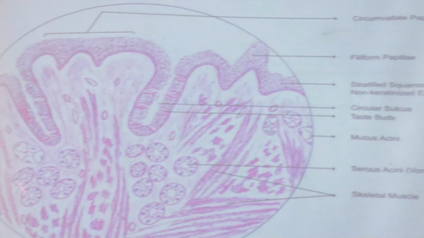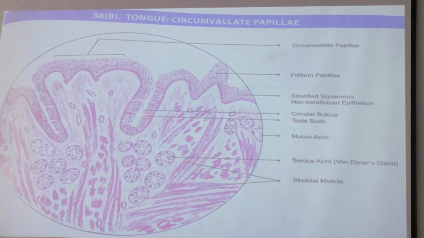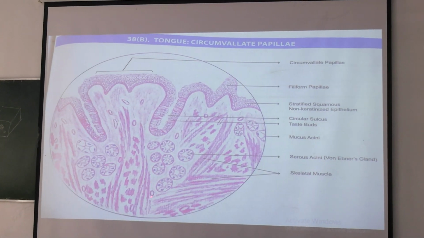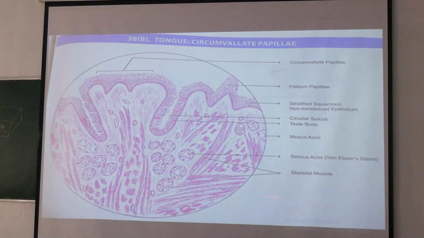After that, these are the muscle fibers in different directions, and these are the glands, serous glands and some mucous glands. Understood? And here also you can see some sections of the blood vessels. So these are the identification points of the tongue.